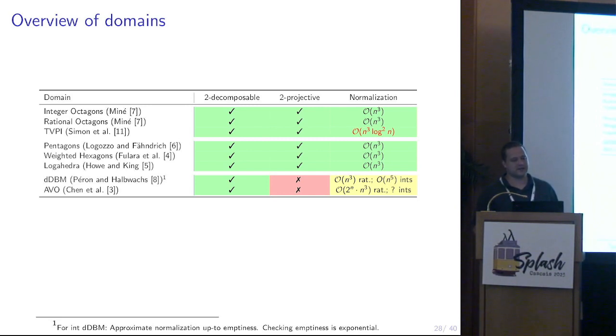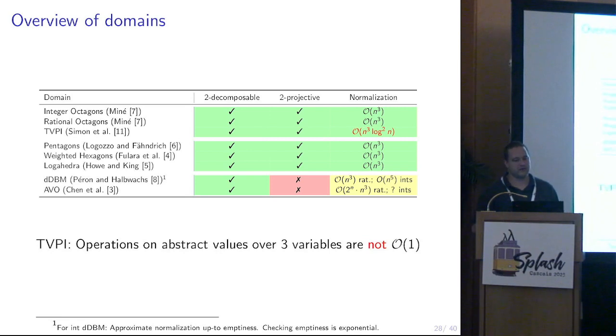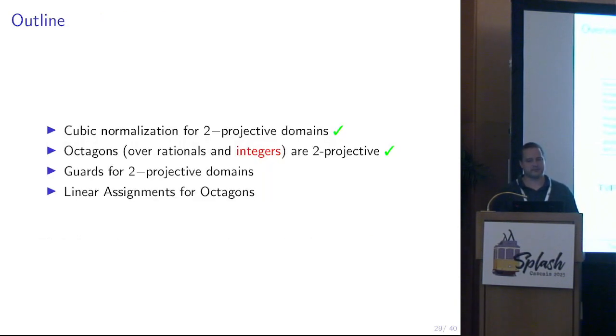And the reason here is, in our proof, we were assuming that these operations on abstract values over 3 variables are in constant time, and this actually is not quite the case for this TDPI domain, which is why you get the complexity that we see here. Okay, so what we have thus far is we have a cubic normalization procedure for 2-projective domains. We have shown that octagons over rationals and integers are in fact 2-projective.